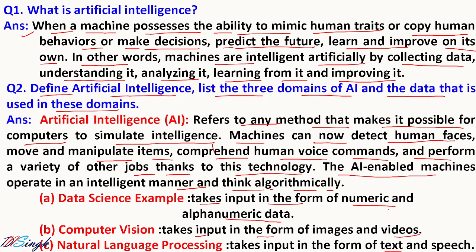So either you can give input in the form of text, or you can give input in the form of speech. The most common feature of natural language processing, you will find now everybody, even those who do not know anything about AI or natural language processing, is using voice typing. They hold the microphone button in WhatsApp and just say something, and it will be typed exactly what they are saying, with correction.